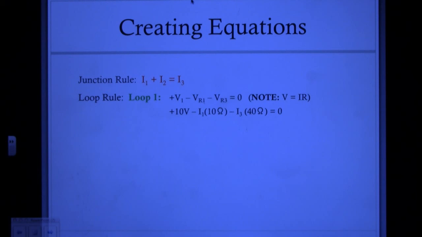Notice, we call this voltage negative because it is a resistor. We do not know the voltage across resistor 3, so we plug in the Ohm's law formula again, V equals IR, where the current is I3 and the resistance is 40 ohms. This is then set equal to 0.